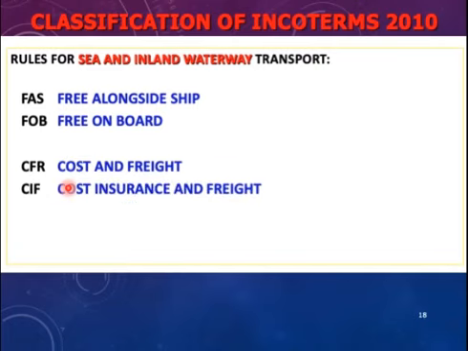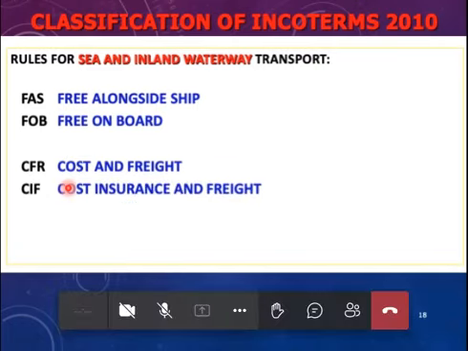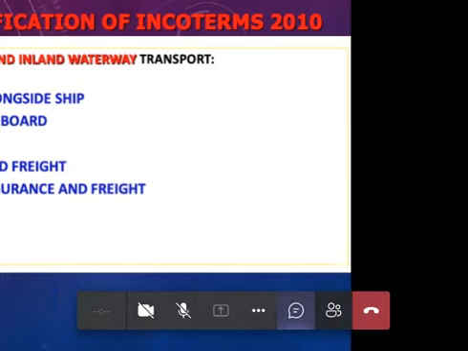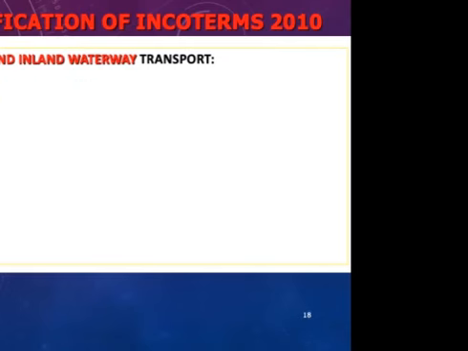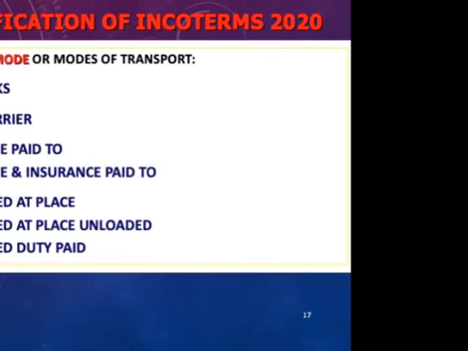CIF, cost, insurance and freight. So this is for sea and inland waterway only. If your goods are transported by air, you cannot use this group, but you can use the first group only.